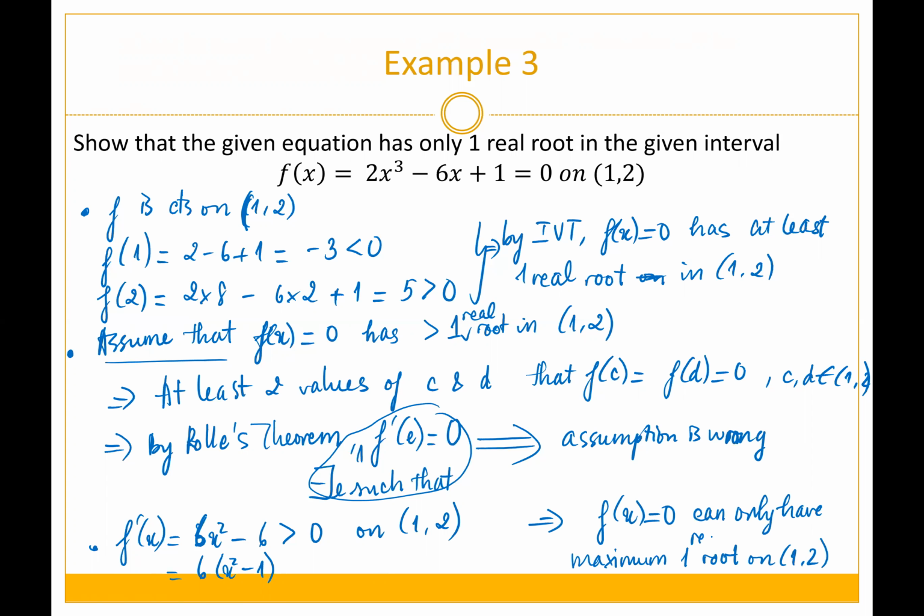This is because first you use the intermediate value theorem to prove that there is at least one root, and then it can have one root or multiple roots. For the second part, we're using Rolle's theorem, a special case of the mean value theorem, which allows us to say that the case of more than one root is not possible. Therefore it can have at most one real root.